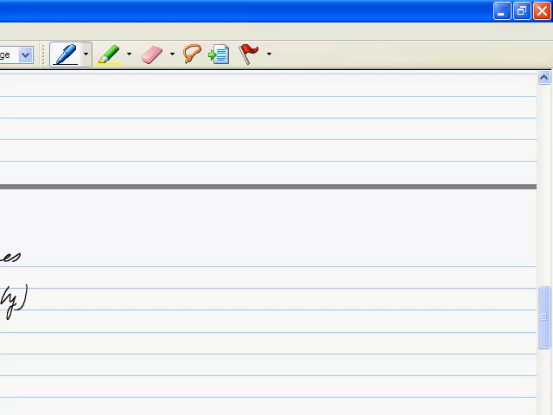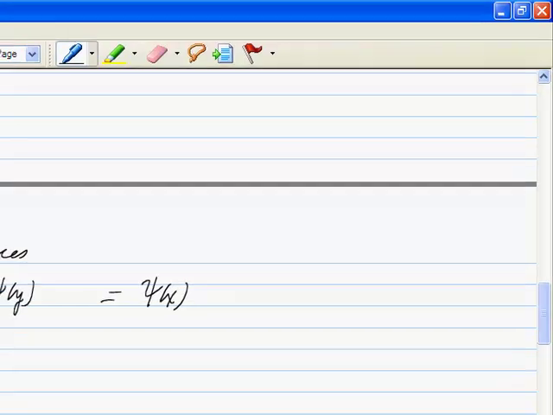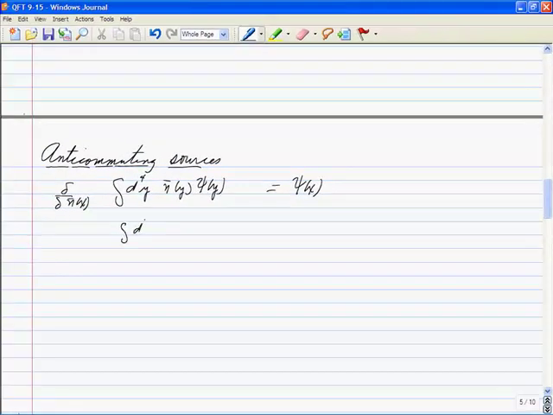That just becomes psi of x. If I take instead the integral d4y psi bar of y eta of y, and I take delta eta of x, so functional differentiation of that beastie.